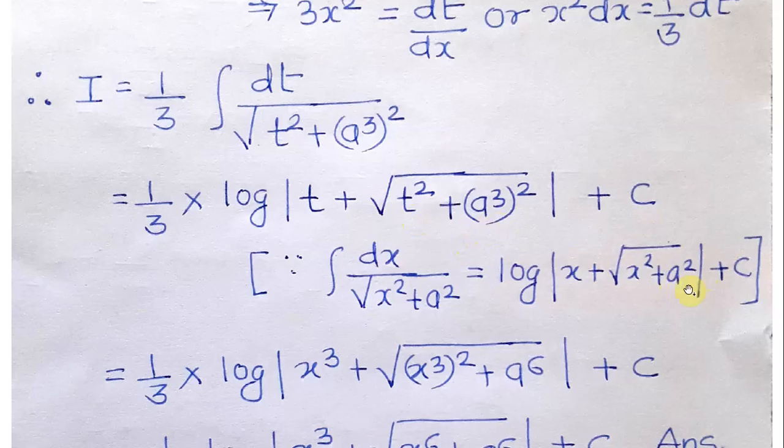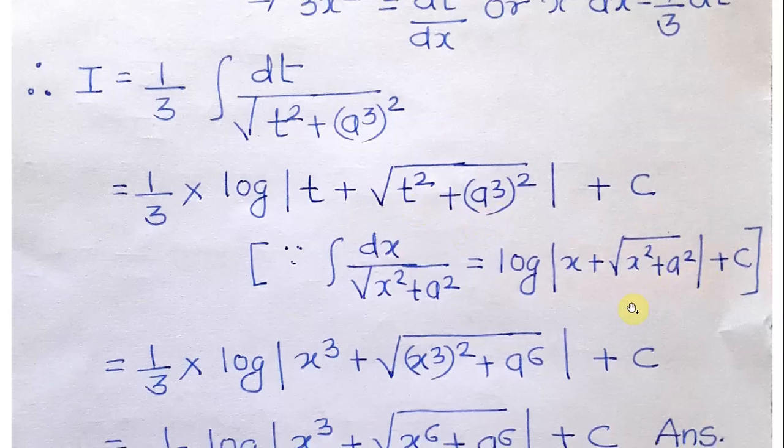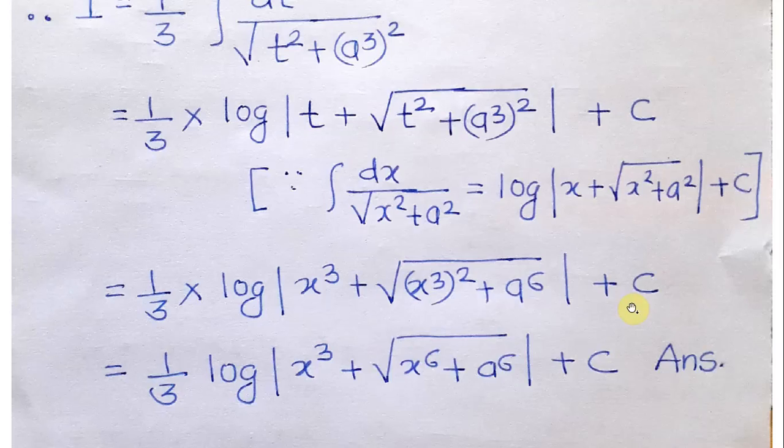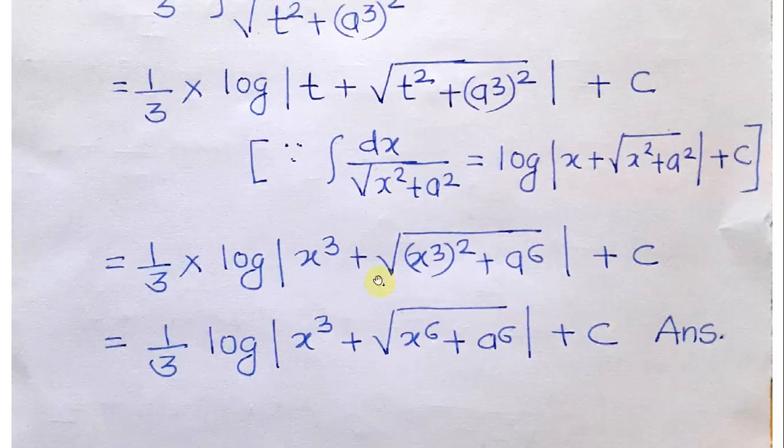The power 2 will be coming as it is. Now at the last we shall keep the value of t, that is x cube plus, and again x cube is coming in place of t. Further, 3 and 2 will multiply, it will become 6, and in the same way here also 3 and 2 you can multiply, it will become 6 also. Okay, so this will be your total answer.